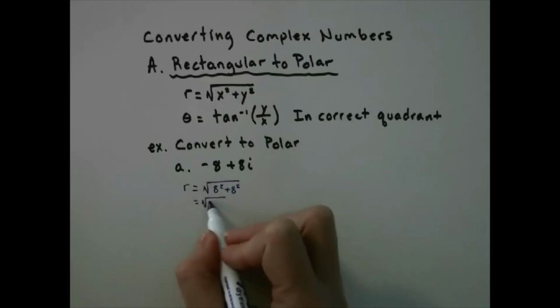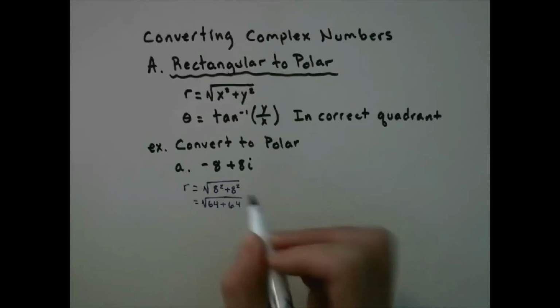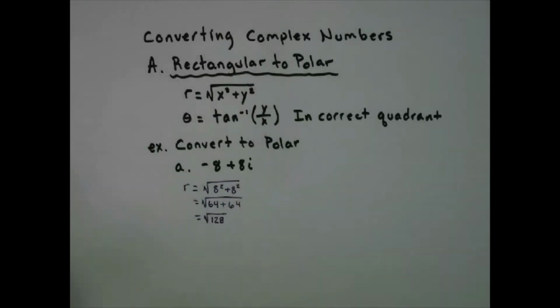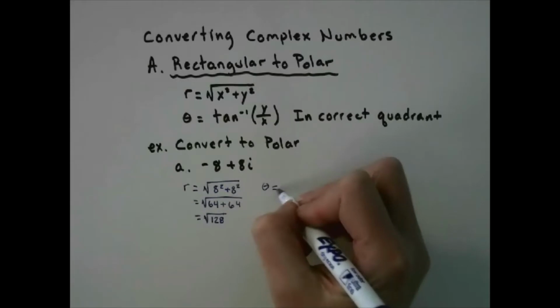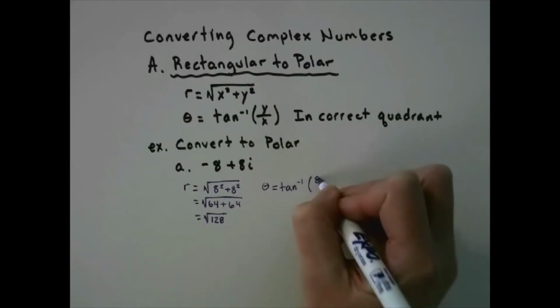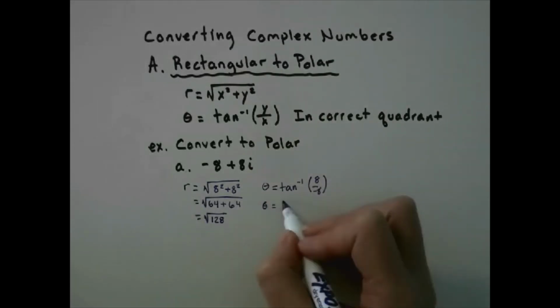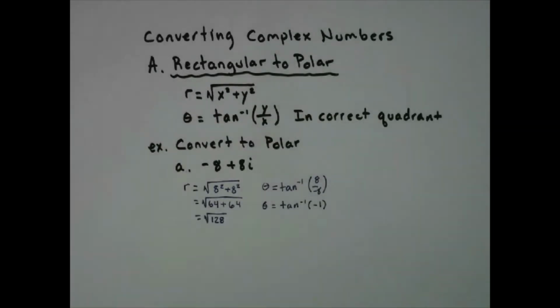So that's the square root of 64 plus 64, which is the square root of 128, which does simplify, or you can leave it just like that. Theta is going to be the tangent inverse of 8 over negative 8, which is going to be the tangent inverse of negative 1. Then we go to the unit circle.